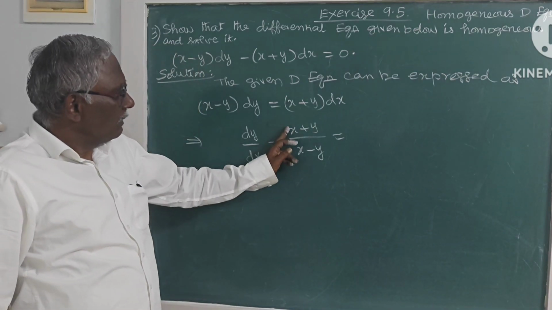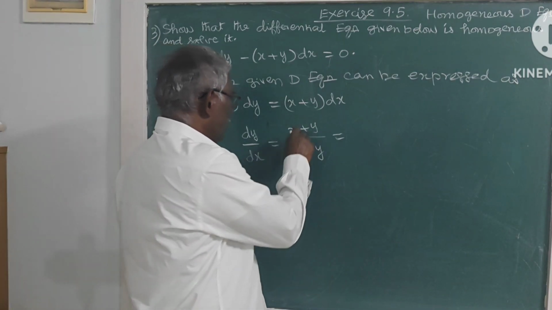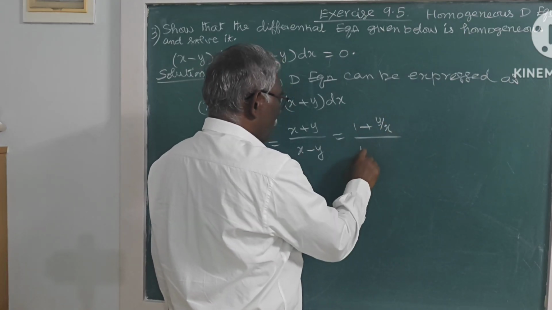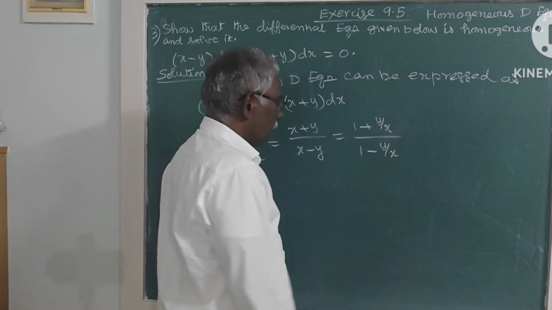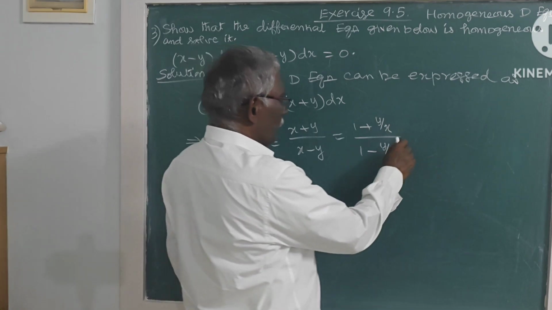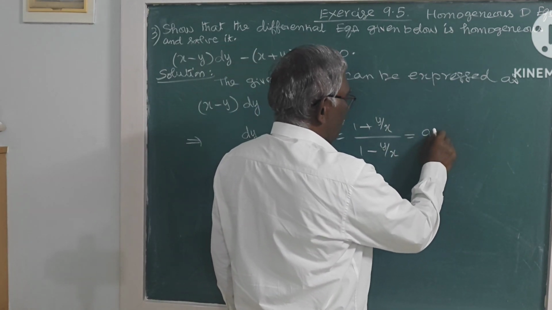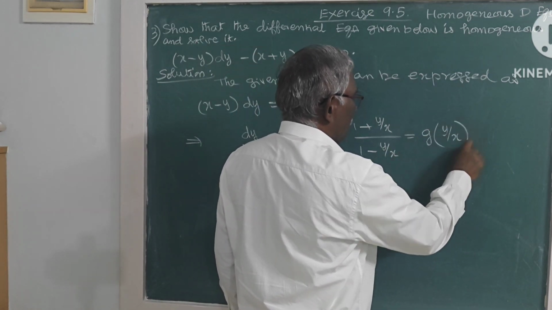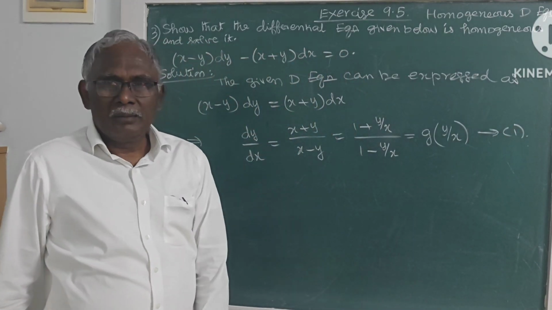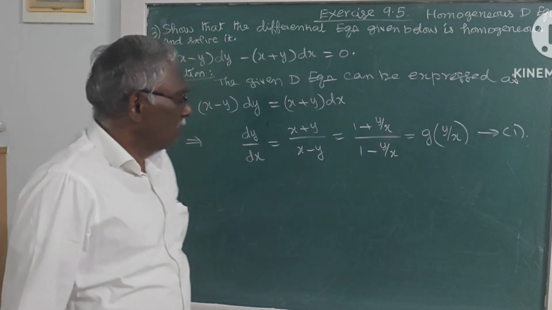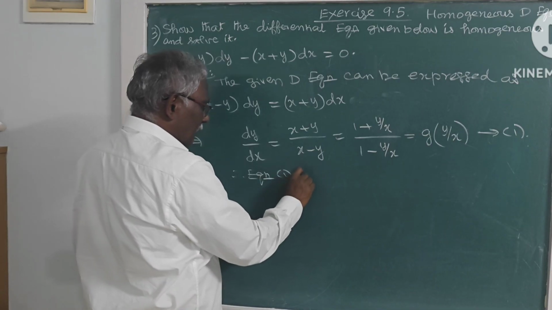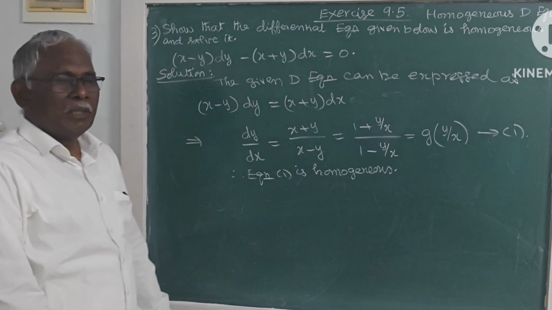Now we will divide numerator and denominator by x. x by x is 1, this y by x by 1 minus y by x. On dividing numerator and denominator by x, this is a function of g of y by x. Therefore, equation 1 is homogeneous.